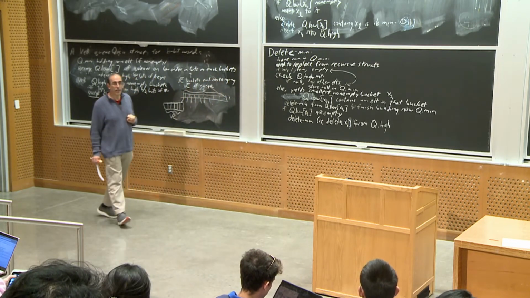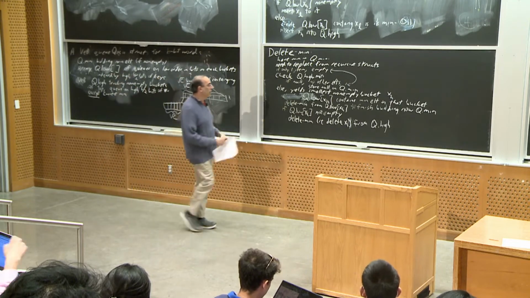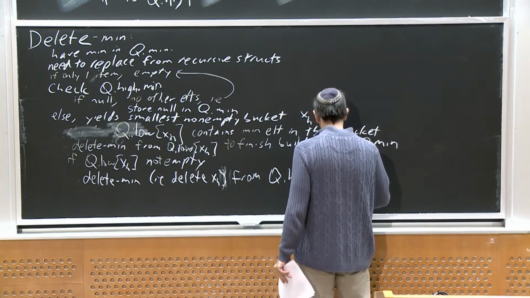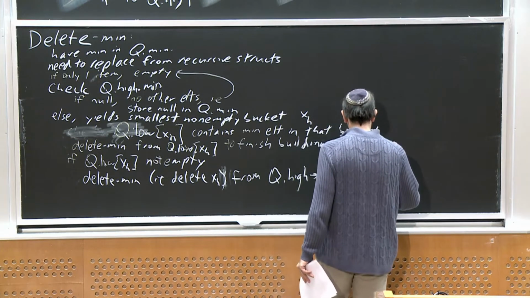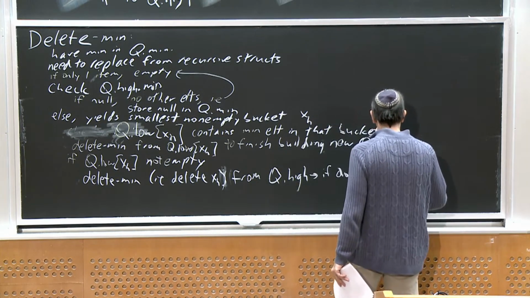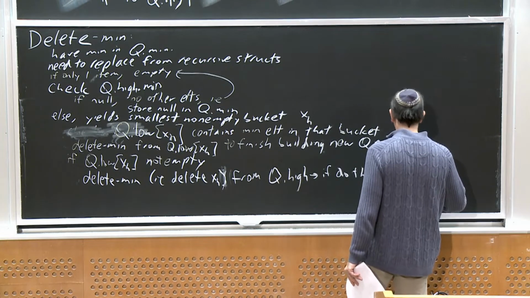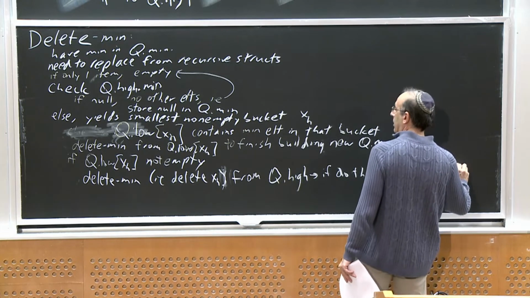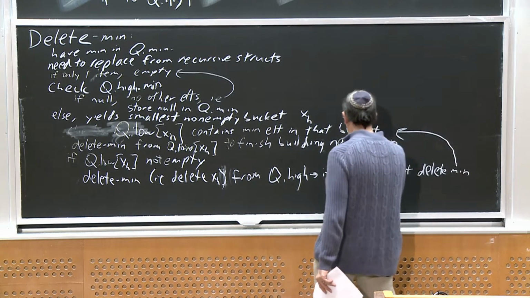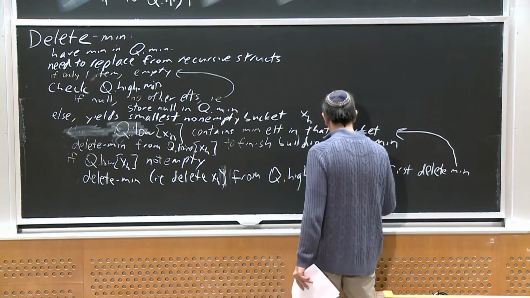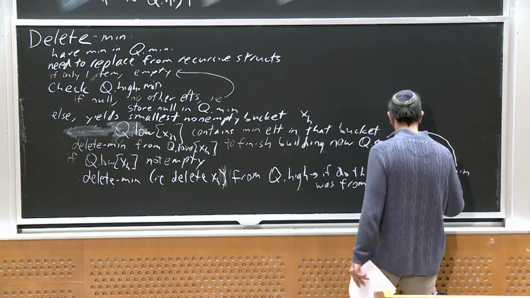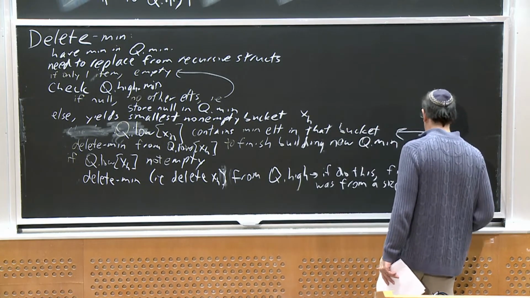The delete min took a long time. Exactly. If we do this, that means that the first delete min, which happened up here, was from a size 1 queue. Okay.